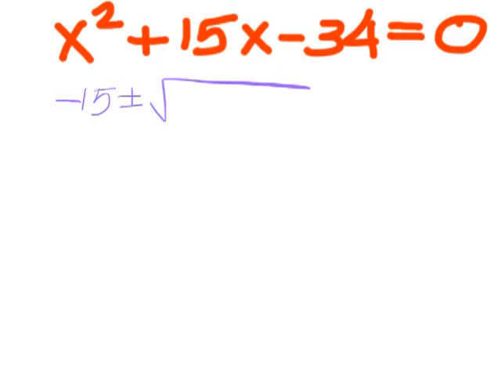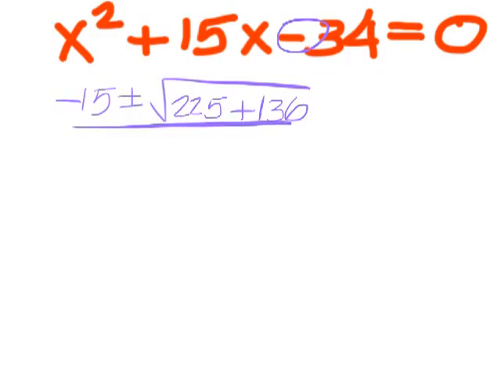-15 plus or minus the square root of 15 squared, which is 225. And then you're going to have plus because the formula has minus, and you're going to be putting in a negative number. 4 times 1 times a -34 will make it plus. So 34 plus 34 is 68. 68 plus 68 should be 136. And on the bottom you have 2.